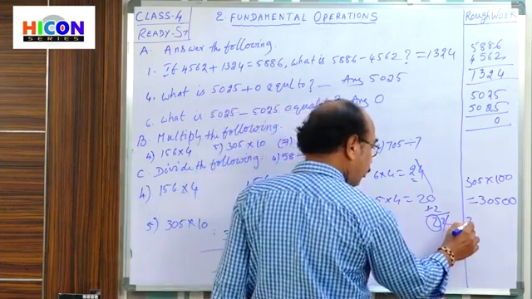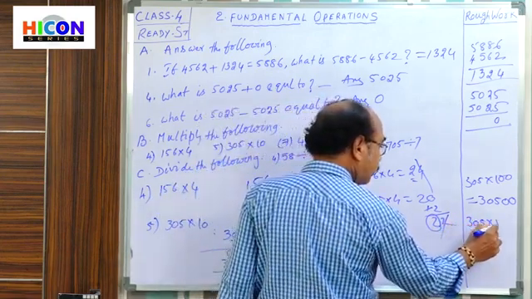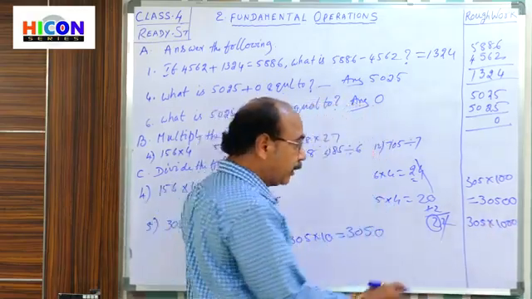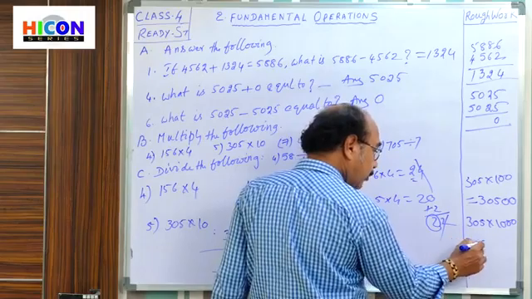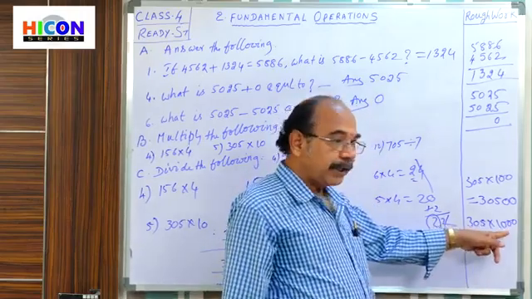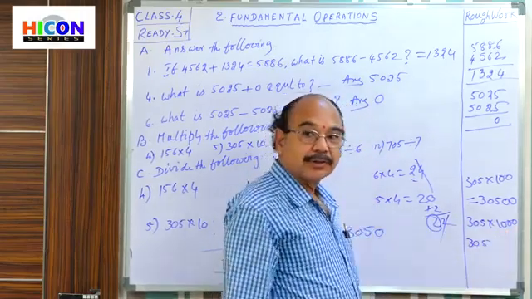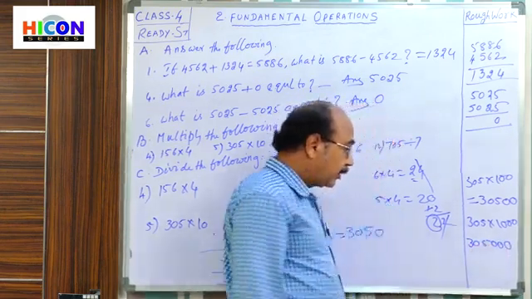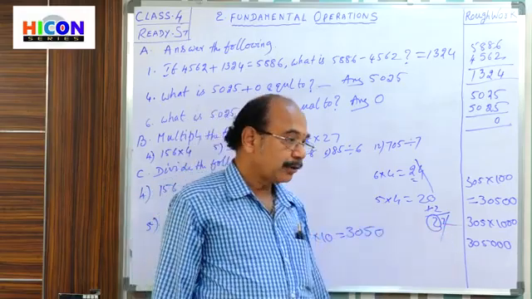Now, suppose the same number is multiplied with 1000, what will you do? Write the number 305, and how many zeros are there in 1000? 3 zeros are there. So simply keep 3 zeros at the end of that number.